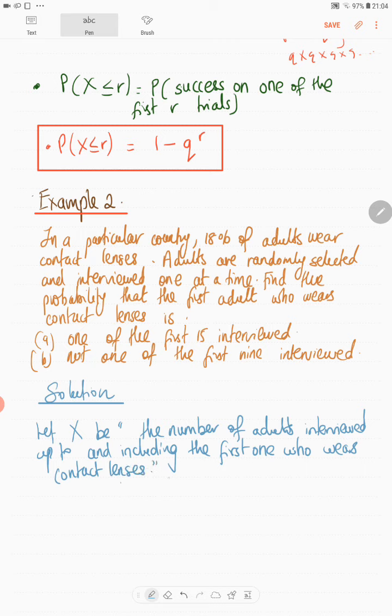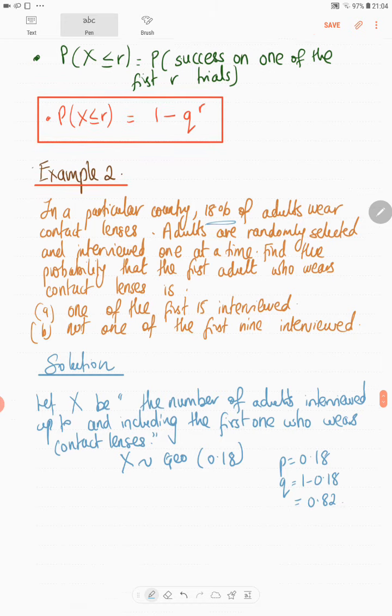Then X follows a geometric distribution. The probability of success is 0.18, because it is given that 18% of adults wear contact lenses. So we have p equal to 0.18 and q equal to 1 minus 0.18, which is 0.82.